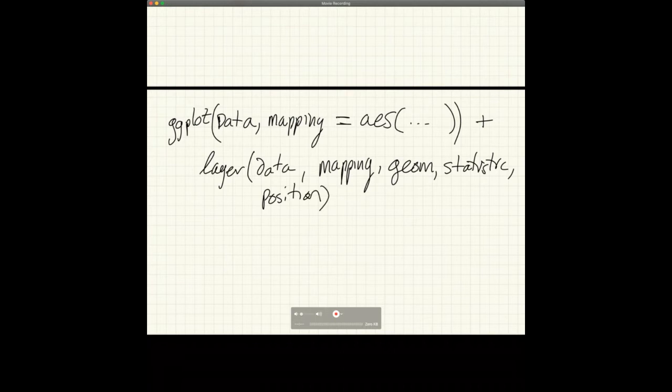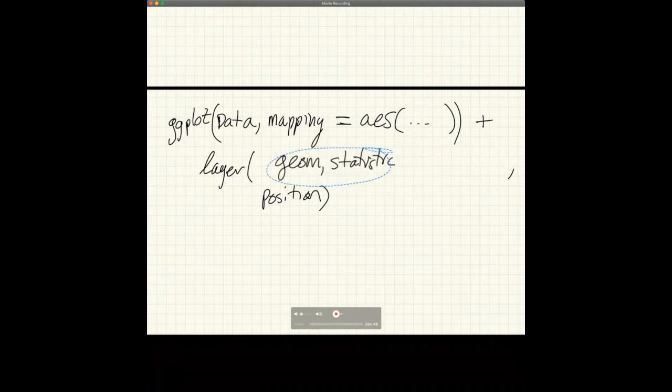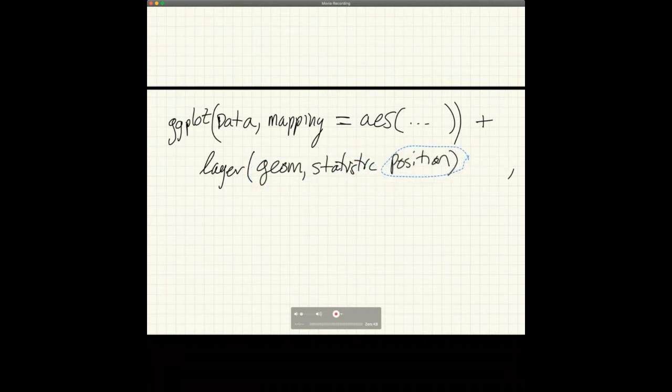So let's just focus in on these three parts: the geometry, the statistic, and the position. Okay. So every layer is expressed inside of a geometry.